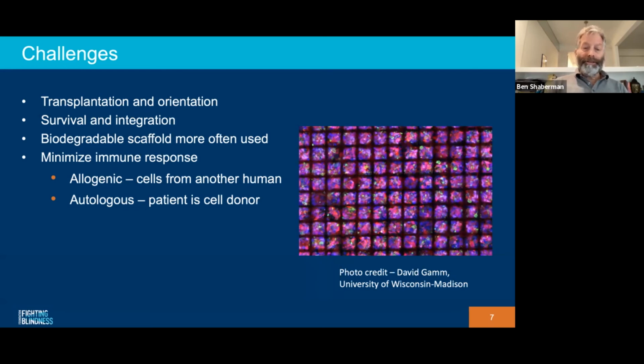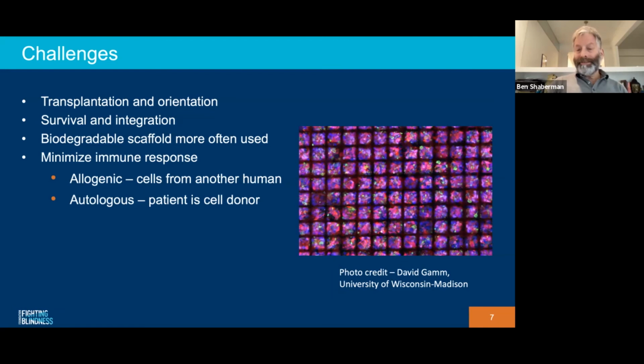And researchers like Dr. Gamm and others have come up with these very thin scaffolds. They're biodegradable, and they put the retinal cells on them, perhaps photoreceptors and or RPE cells, so they are better oriented in the retina when they're transplanted. And these scaffolds definitely help with survival and integration.